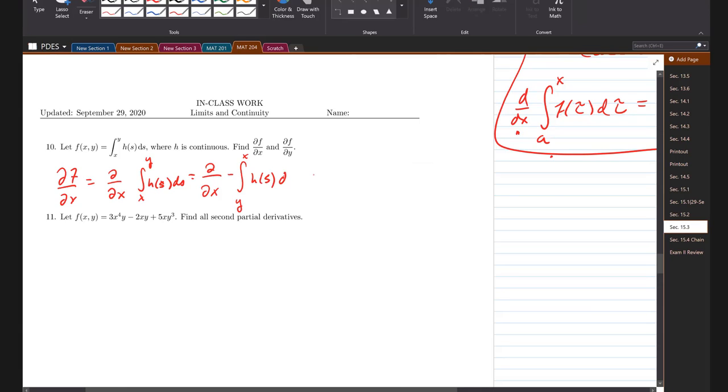And then by the fundamental theorem of calculus, that's just minus h of x. If you want to find partial f, partial y, you would just get h of y.